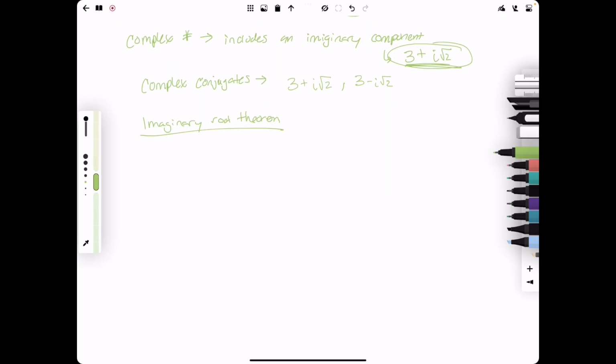Doesn't feel as complex as the other one. If the imaginary number a plus bi is a root of a polynomial equation with real coefficients, in other words, no square root of negative numbers as your coefficient, then the conjugate, what would the conjugate of a plus bi be?